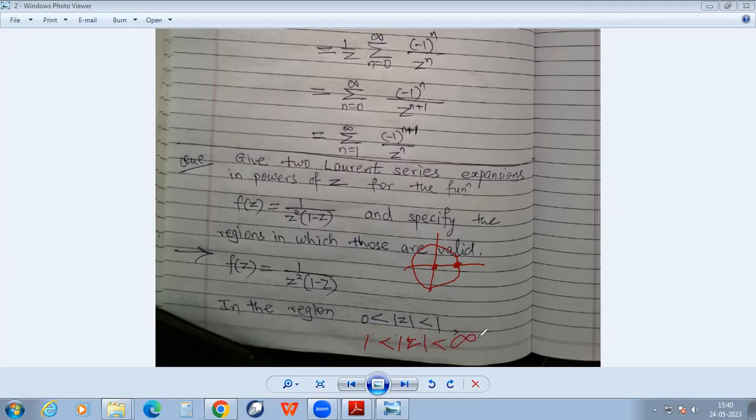Are you getting me? We will be talking about only two regions: the unit disk, and outside. Unit disk and outside. So this will be the thing we will be dealing with.